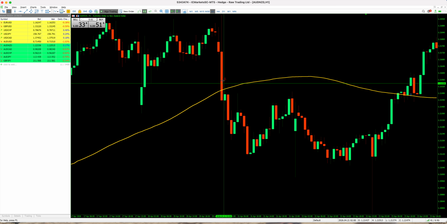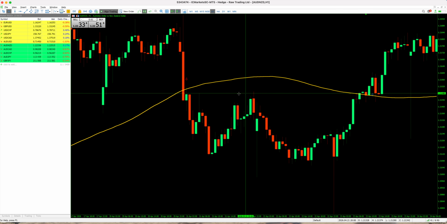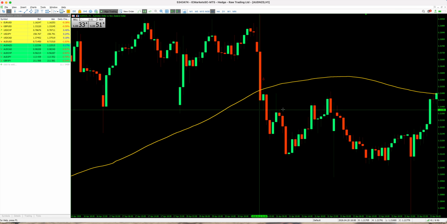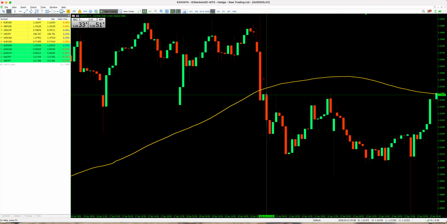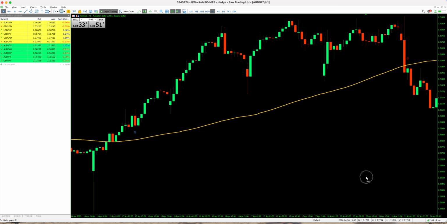The first candle closed, and the second candle opened and closed below the moving average. So we continue with our entry. You can see how far down the price went. It is about 46 pips, even more if we can hold longer.